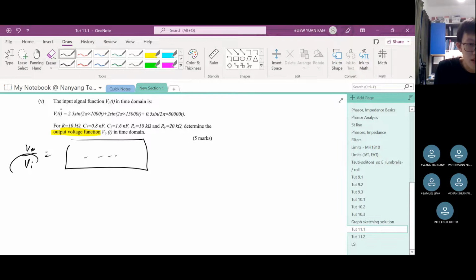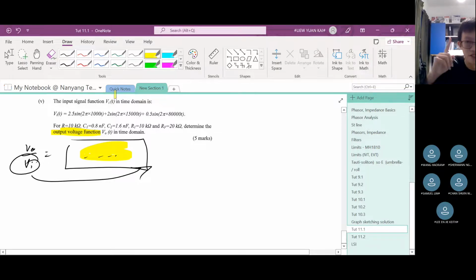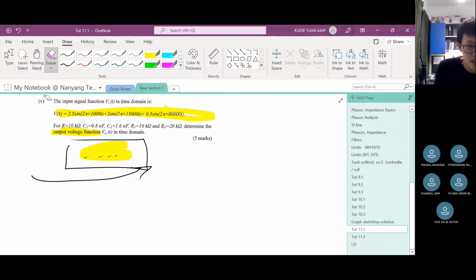We want to find V out, so we have to multiply this over. But it's a bit difficult to do so. You realize that the gain itself, from what we got, to recap, it was negative RFR, blah, blah, blah, the very big denominator also, times this, which is also very big. Now, what is the step to take into doing this?